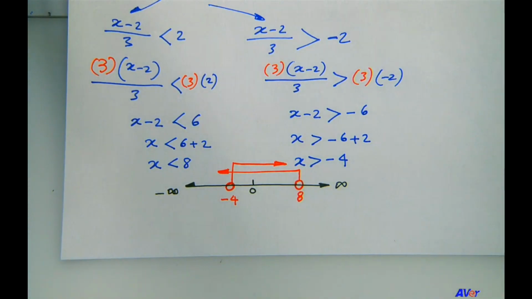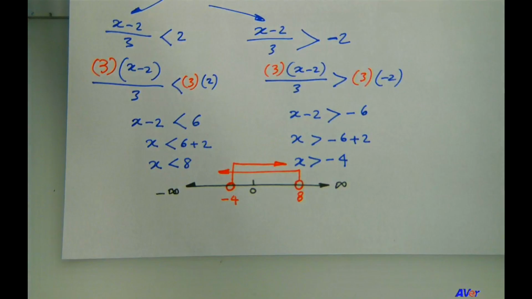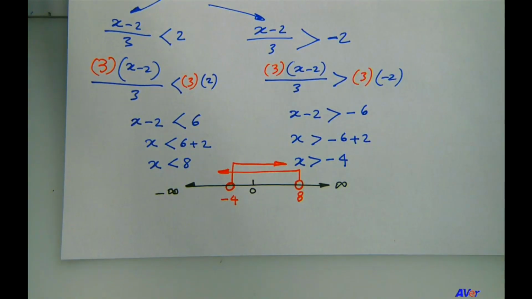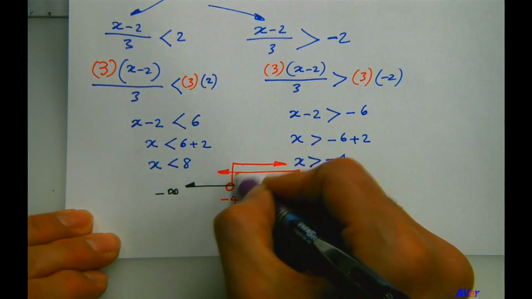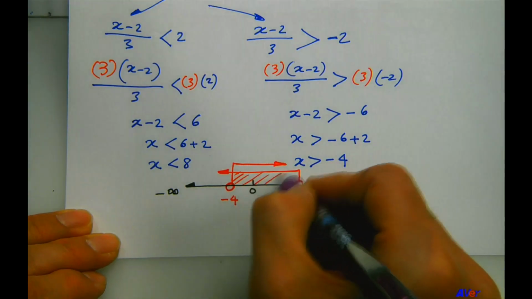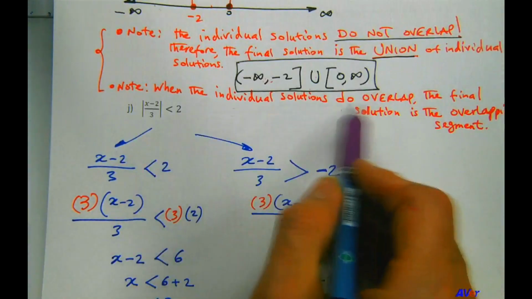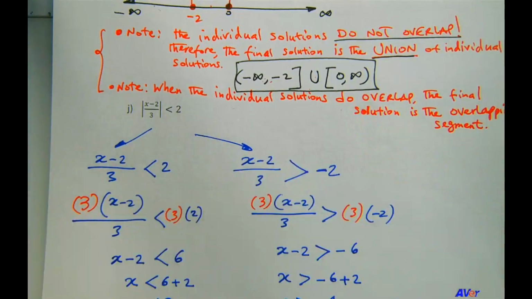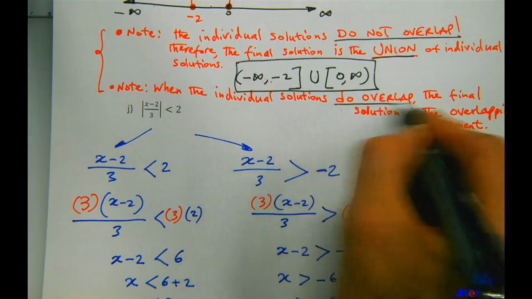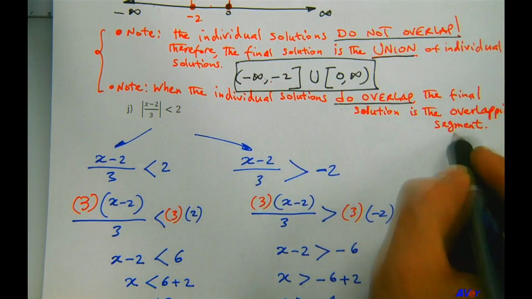Those are individual solutions. Are they overlapping? If you said yes, you're absolutely correct. They're overlapping here in this piece between negative 4 and 8. And what did we say about individual solutions that do overlap? What did we say about them? The final solution is the overlapping segment.